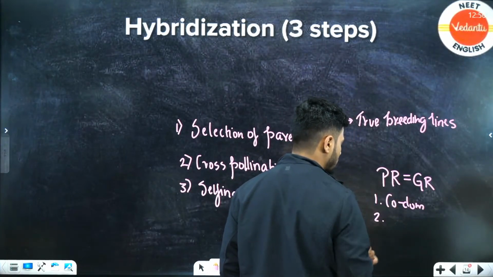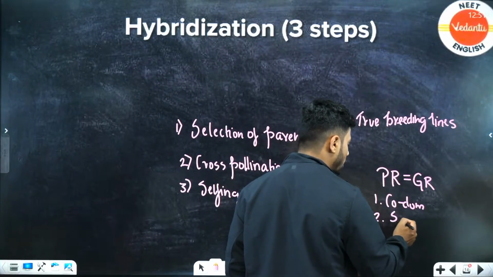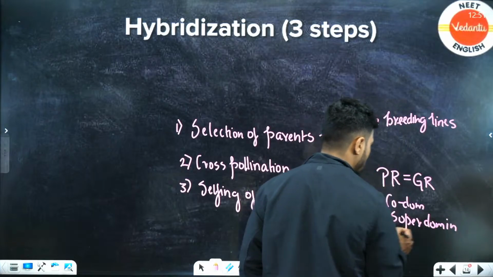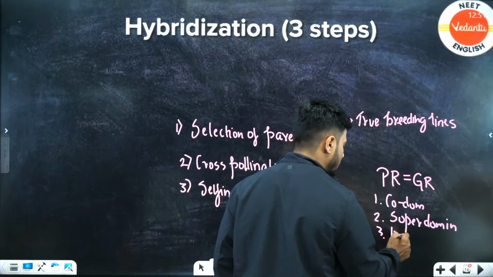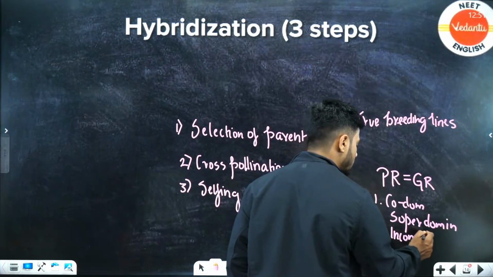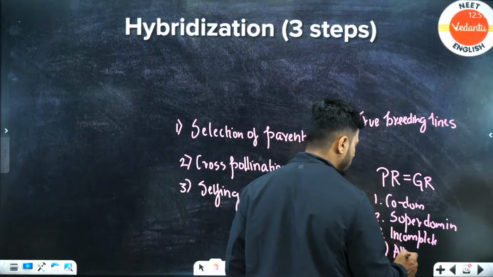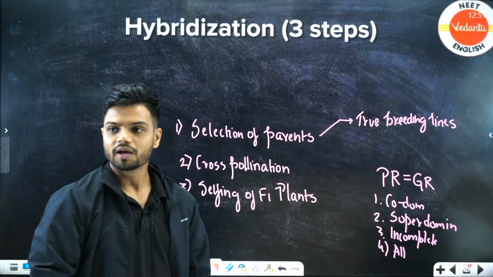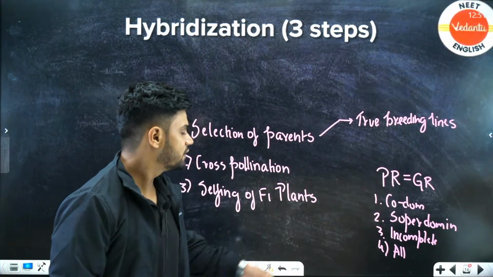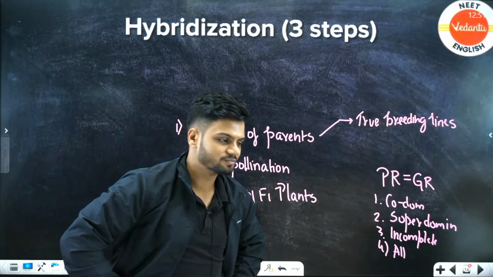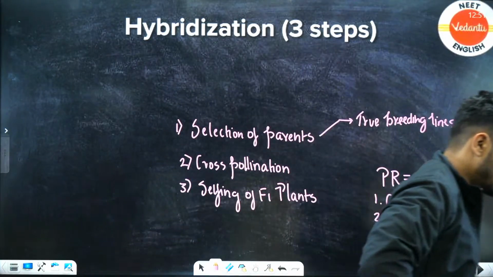Option 2 is superdominance. Option 3 is incomplete dominance. And option 4 is all of the above. Let's see the answer.